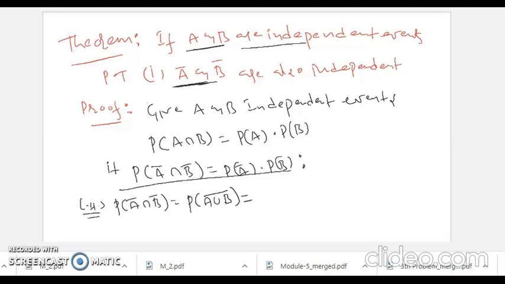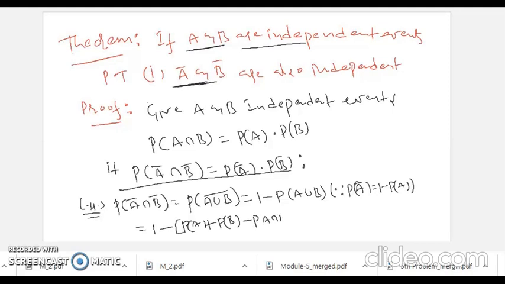That implies probability of the complementary event is 1 minus probability of that event, from the formula P of A bar is equal to 1 minus P of A. So it is 1 minus P of A union B, and by the addition formula, P of A plus P of B minus P of A intersection B.